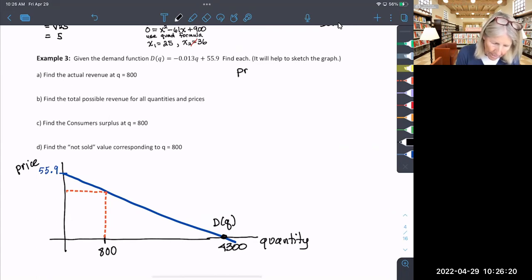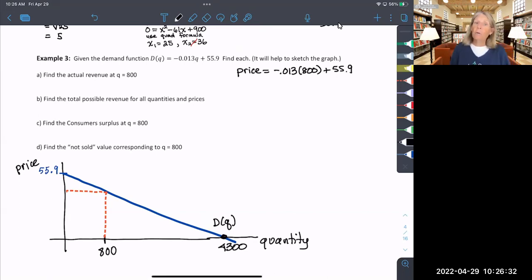So the price is going to equal negative 0.013 times the quantity, which is 800, plus 55.9. Let's get the price that goes with the quantity of 800. If you plug that in, you're going to come up with a price of 45.5. That's the price that goes with the quantity of 800.